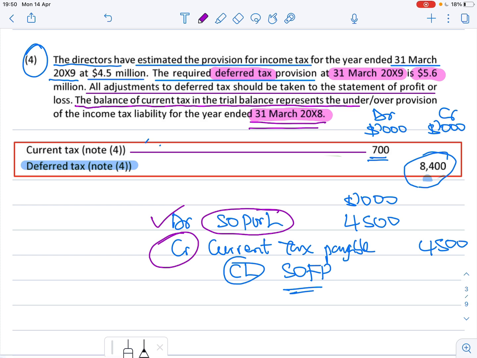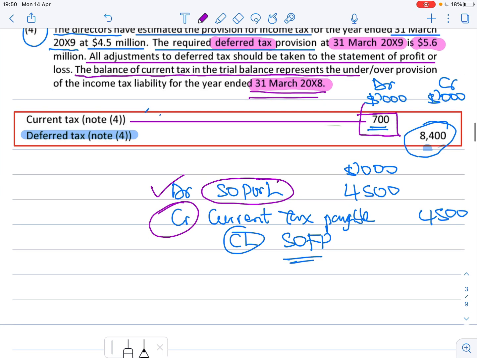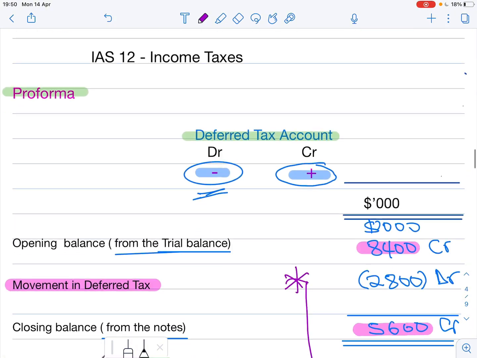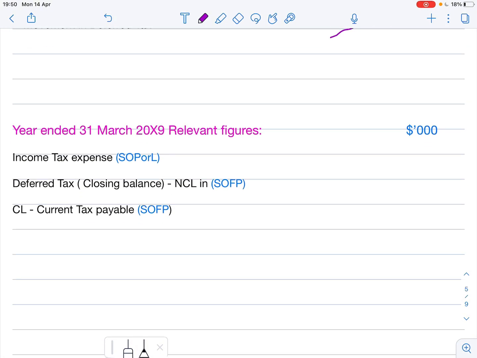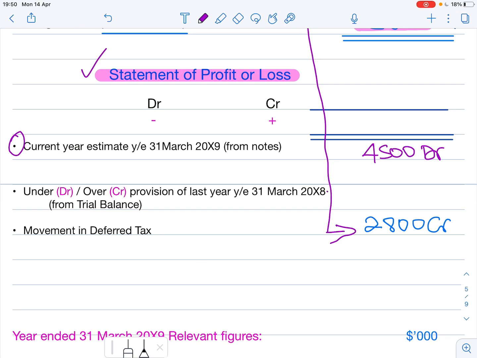So what you do is to come to the trial balance. So we have this 700 on the debit side of the trial balance. Pick the 700 and give it to the statement of profit or loss. So the 700 is a debit balance. Come and give that debit balance to the statement of profit or loss. So we have our statement of profit or loss here. So that 700 is there and is a debit.